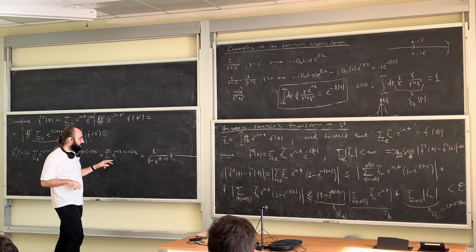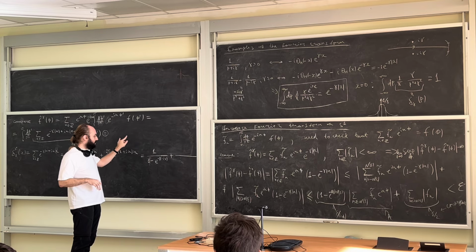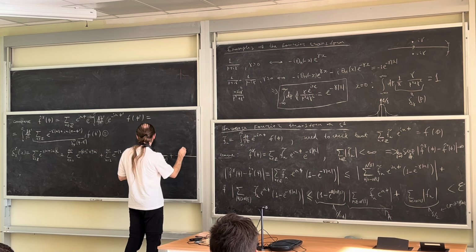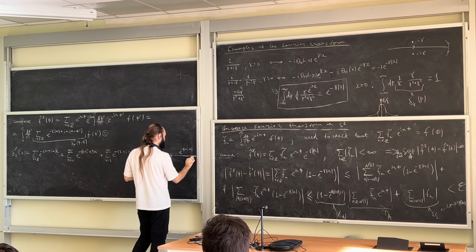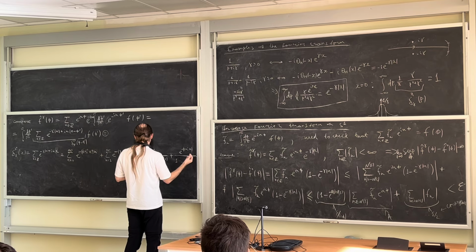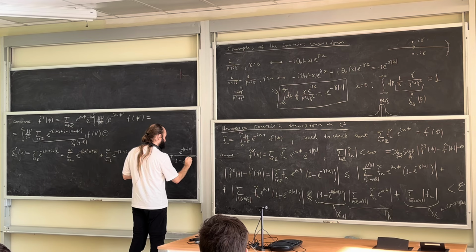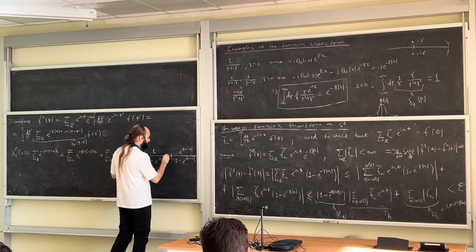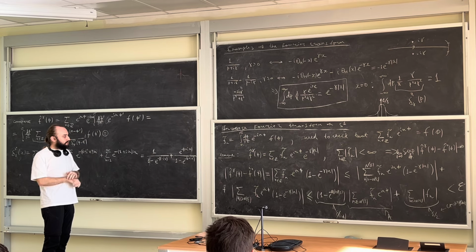Same, plus ix in parentheses. Yes, and also it starts from 1, so we should have the same thing in the numerator. So we have e to the minus gamma plus ix over 1 minus e to the minus gamma plus ix.